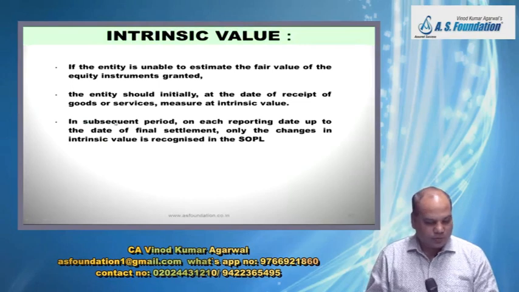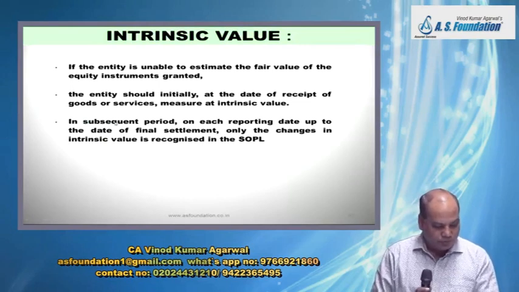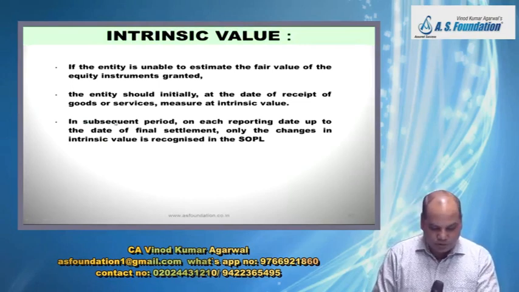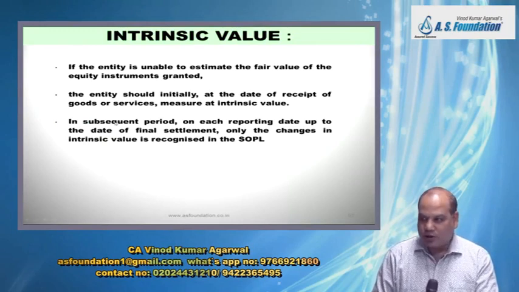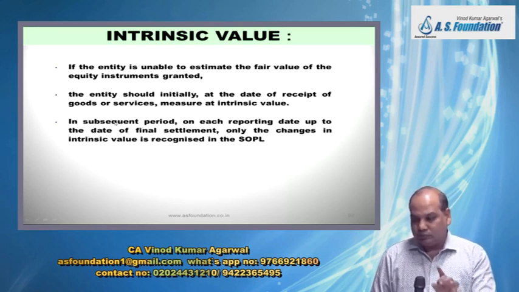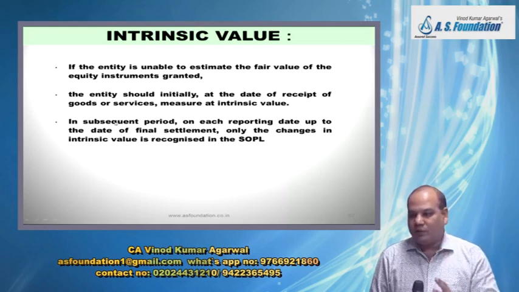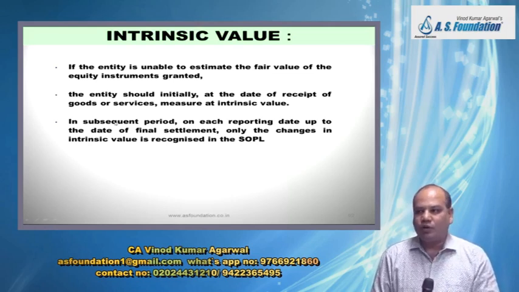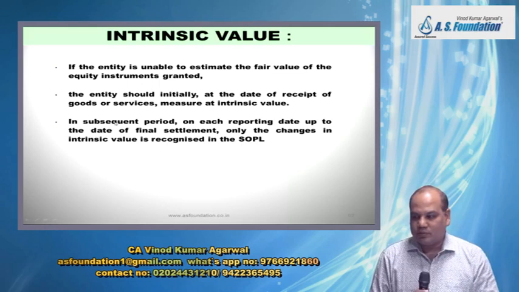Now we'll talk something about intrinsic value. Come to previous page. There is a diagram there. Above that diagram, there are 2 points. All these questions that we solved till now were based on fair value. So I will revise first in case if you have acquired goods or services from others. First priority will be fair value of goods and service received.